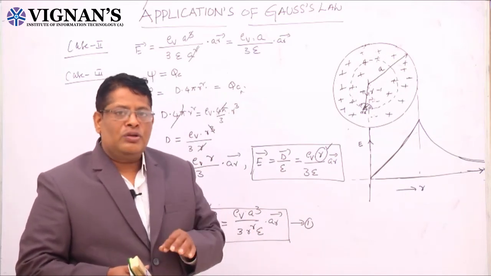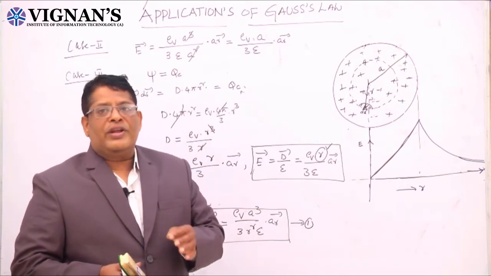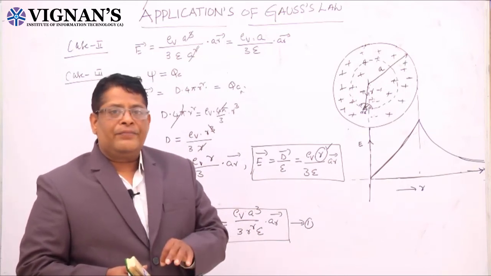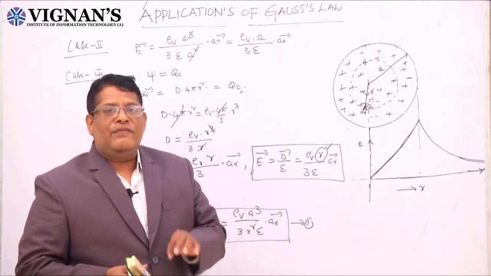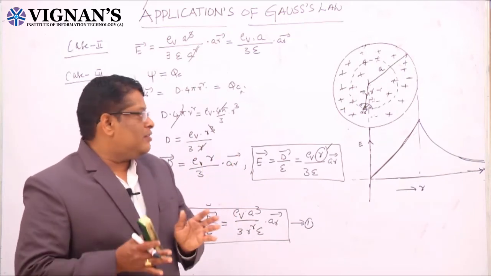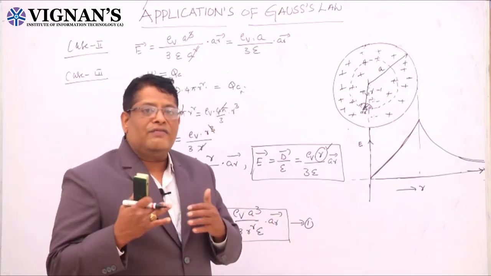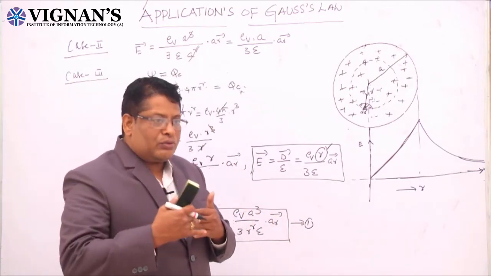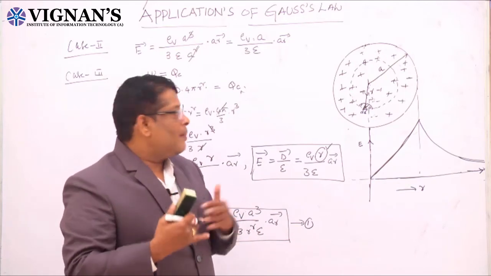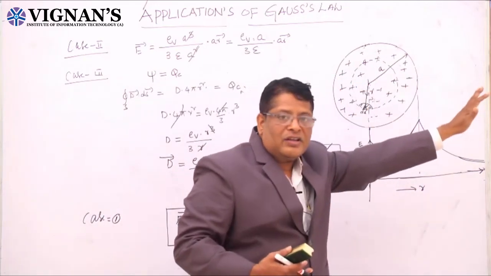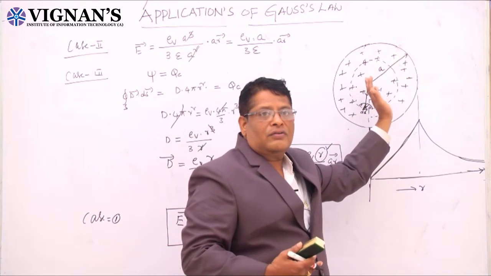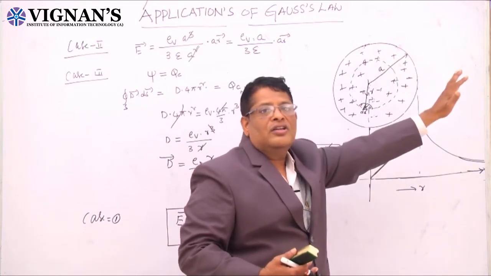That is case 2. In the third case, we took the point inside of a sphere and calculated the electric field intensity. From these three expressions, we developed how the electric field intensity changes from the inside to the outside of a charged sphere.